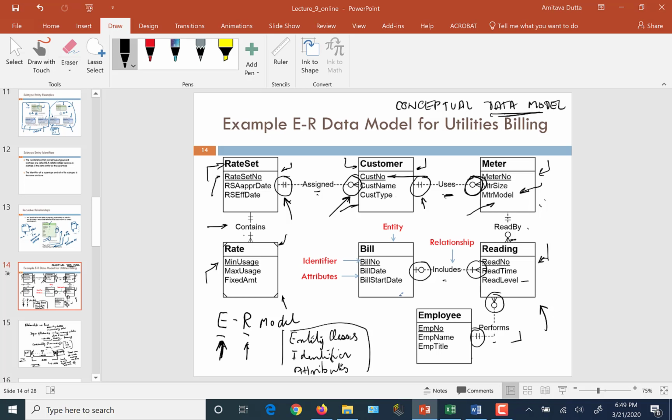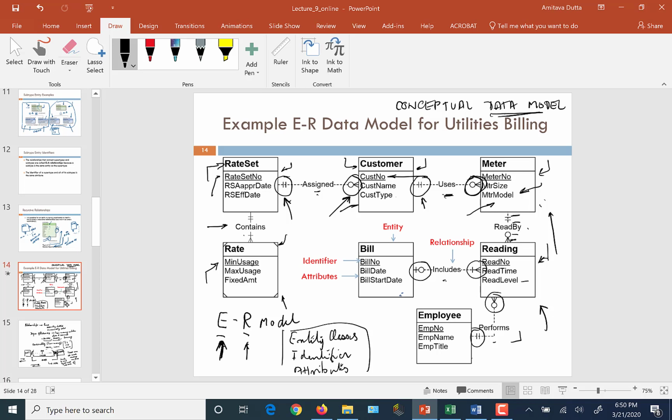I'm looking at the outside symbols. And then when I go in the reverse direction, one reading is associated with at most one meter. You can't have one reading for multiple meters. Now, if I look at the inside symbols, the minimum cardinalities, I will say that one meter is associated with at least 0 readings. It's possible you have a meter that has not been read yet.